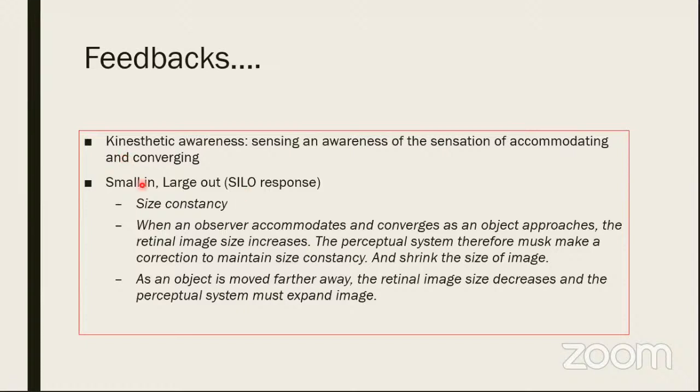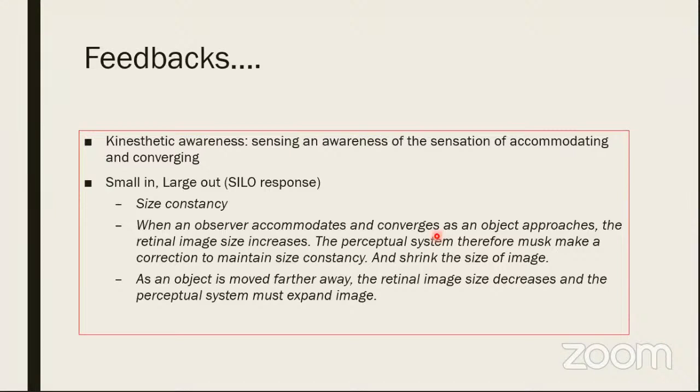And the next feedback mechanism is small in, large out, also called SILO. Okay, SILO. So we'll talk about these in detail when we get to the therapy aspect. What happens is, especially when we are converging, when we are performing versions activities, and also utilizing accommodation, our perceptual system makes a correction with the change in size, and it decreases the object size.